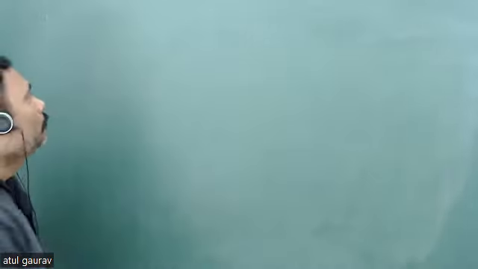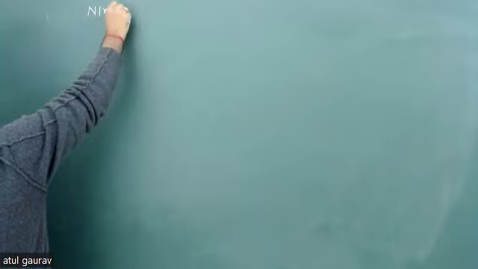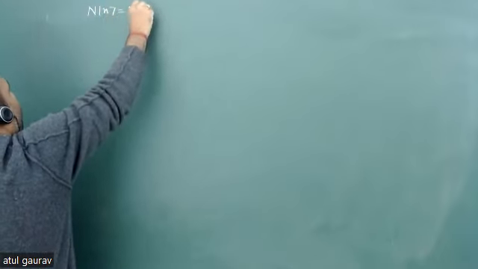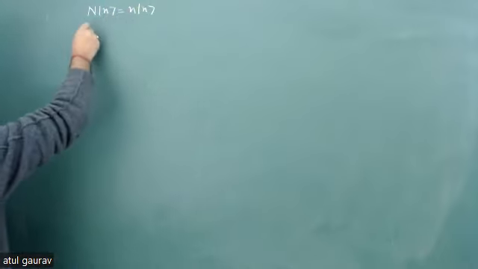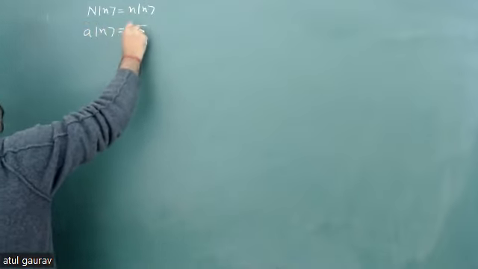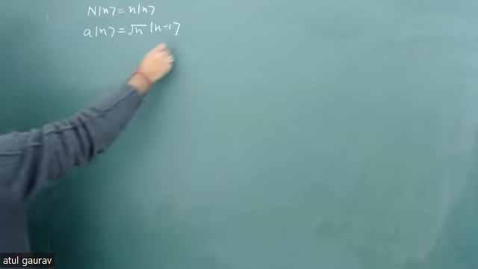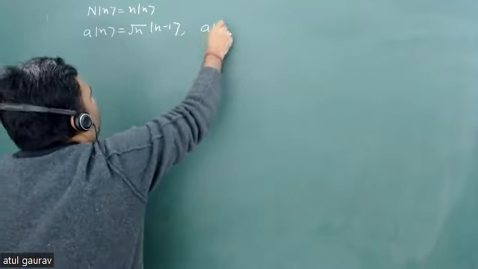So we have very nice information. N is going to operate on |n>, you are getting n|n>. A is going to operate on |n>, you will get root n |n-1>. And the beautiful part is that if A operates on |0>, you are getting 0.